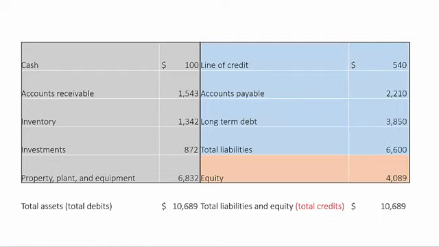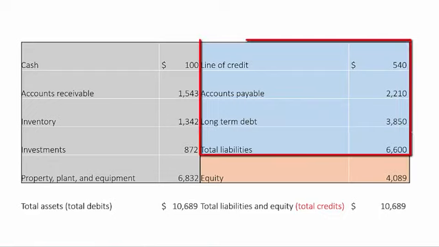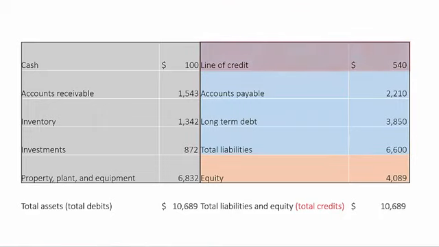But we aren't entitled to that full amount because we owe other people money for some of these assets. On the right-hand side, we list our liabilities. We have a line of credit with the bank for $540. In other words, the bank has lent us $540 on a short-term basis. Our suppliers, the people who we buy our inventory from, are owed $2,210.